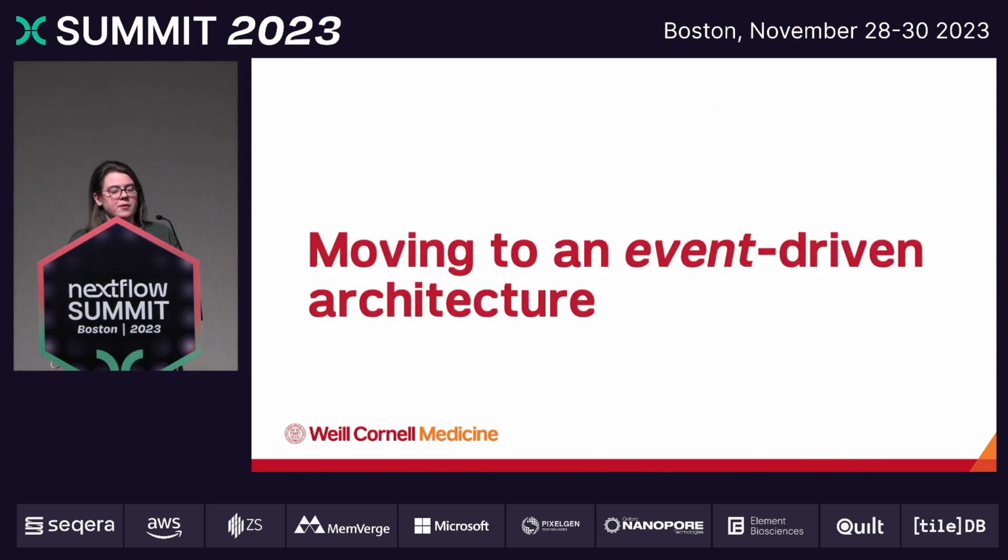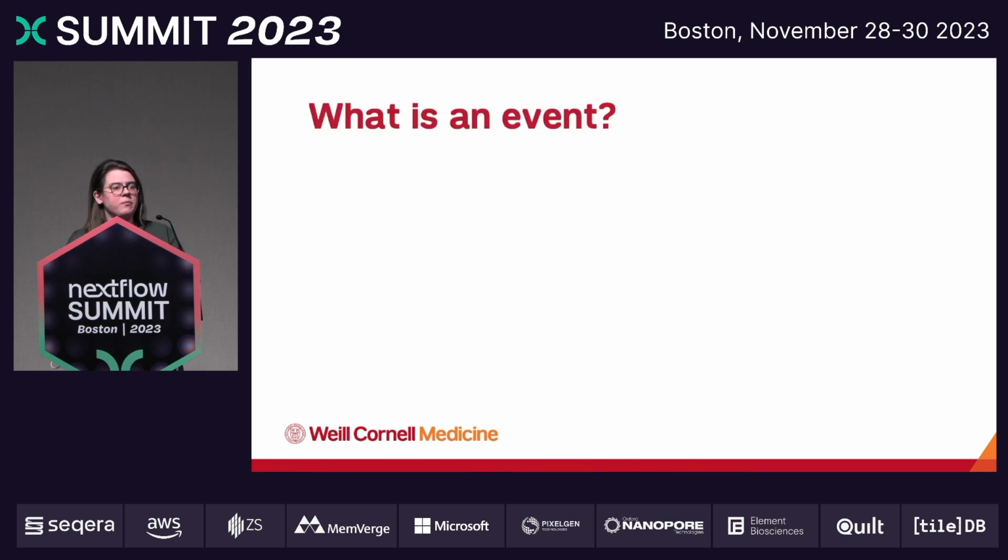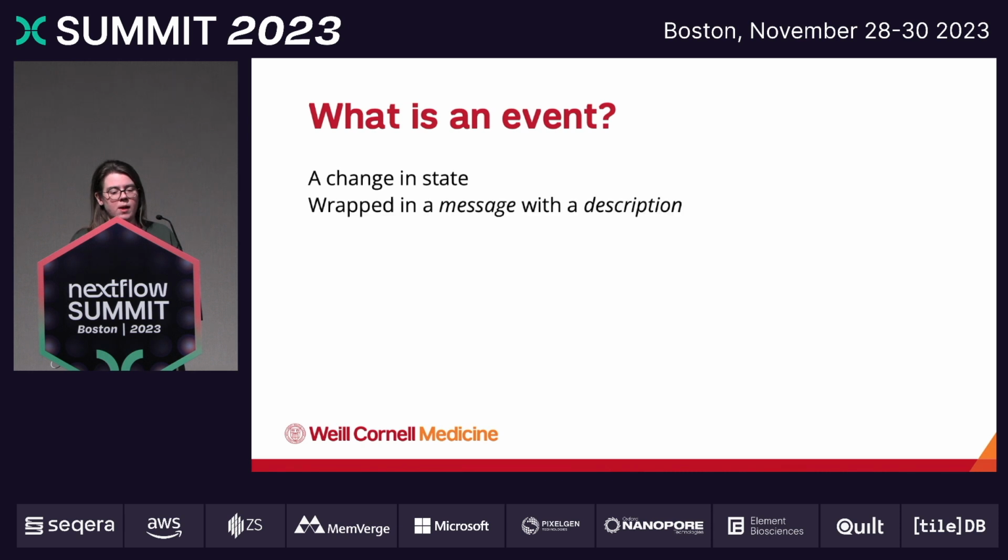So our answer is to move to an event-driven architecture. First off, what is an event? Simply put, it's a change in state. You have a new file. You have a pipeline starting. And this is wrapped in a message with a description of what occurs.